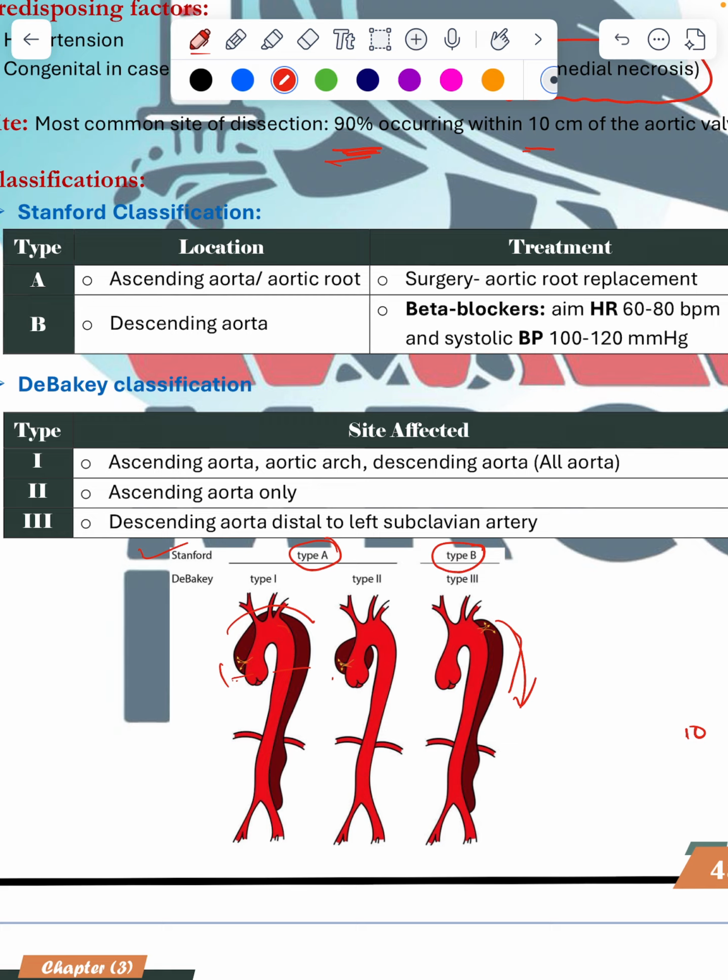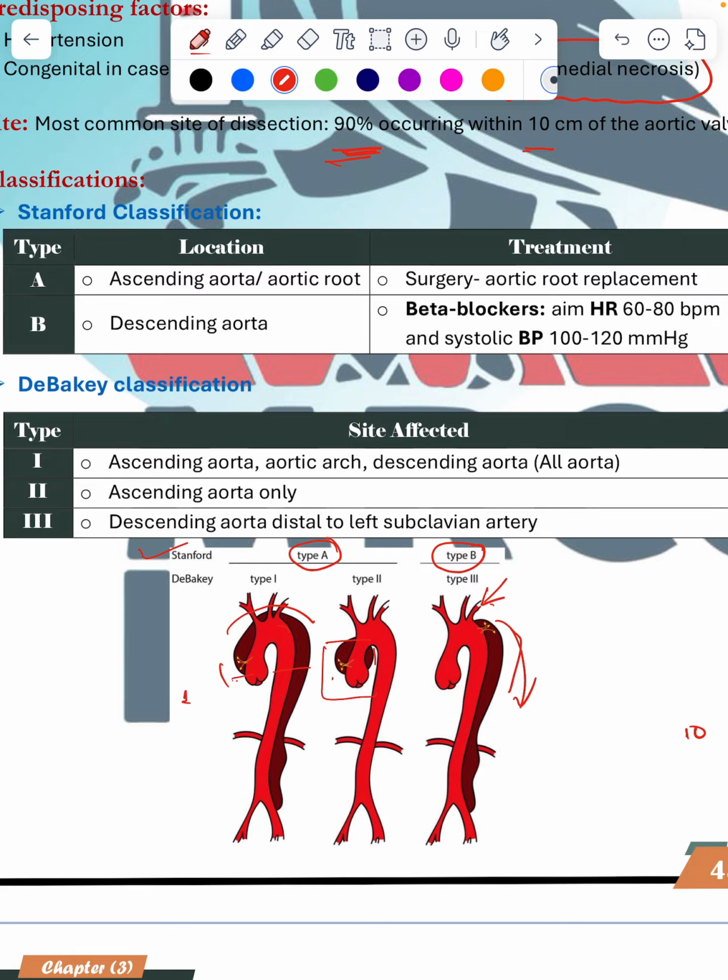If you see DeBakey's, it is divided into three types. Ascending aorta, arch, and descending all involved is type 1. If it is limited to the ascending aorta only, that is type 2, and type 3 is descending aorta distal to the left subclavian. Here the subclavian is taken as a border.